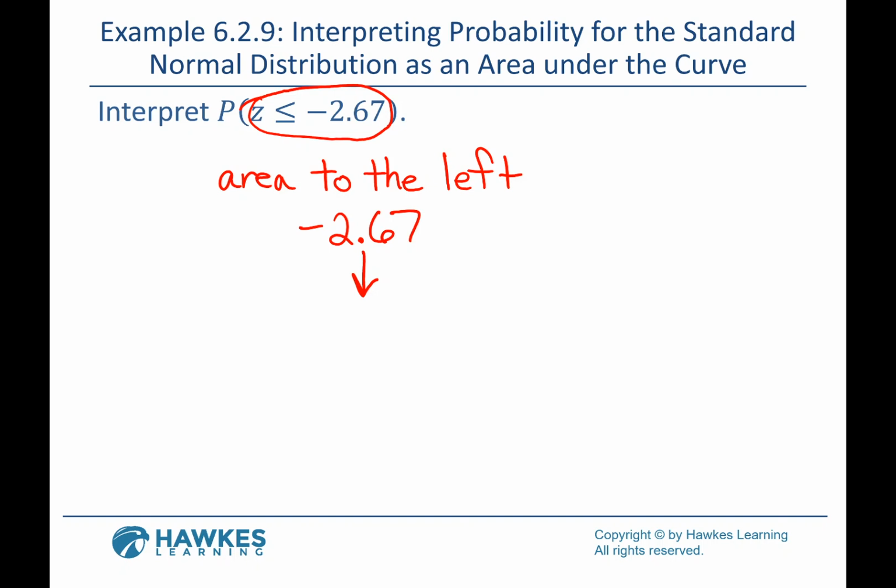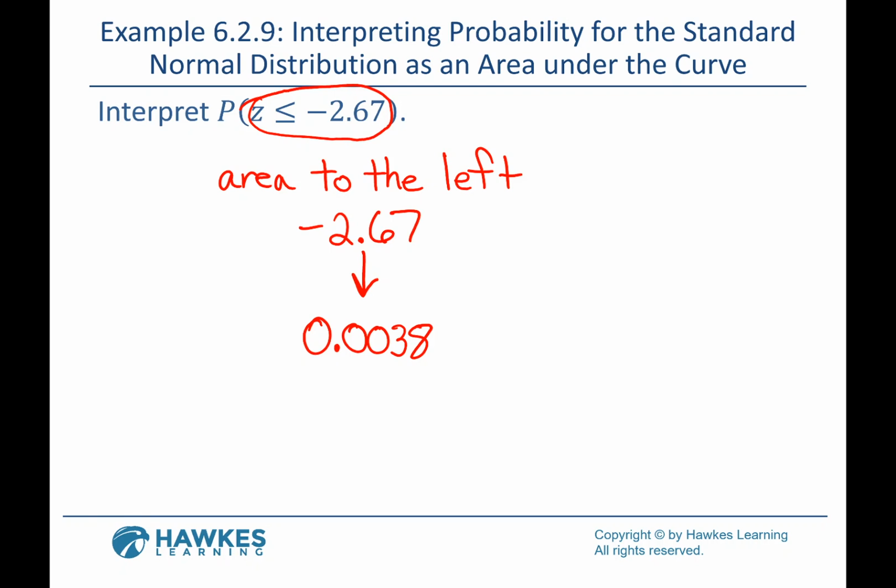We want the area to the left of a z value, so we just look it up in the table. Negative 2.67 gives us 0.0038. What's the probability of finding a standard random variable less than or equal to negative 2.67? 0.0038.